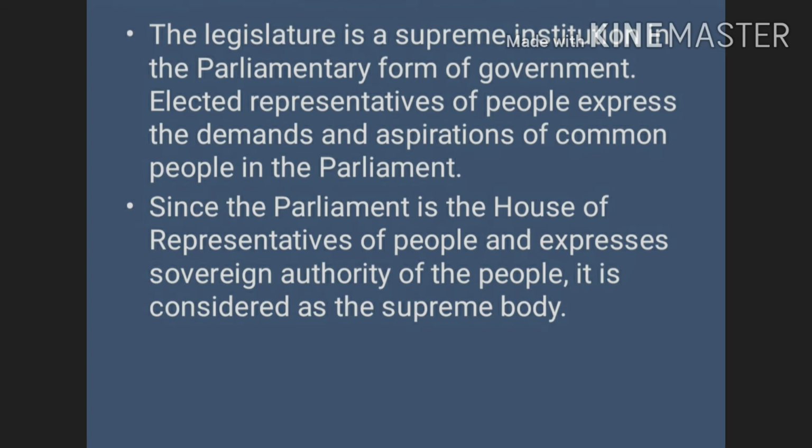The legislature, because it always expresses the will of all the elected representatives of the people. They sit in the parliament and they express the demands, the aspirations, the feelings, desires of common people in the parliament. That's the reason parliament is the house of representatives of the people, and that is the reason why it is considered to be the supreme body.